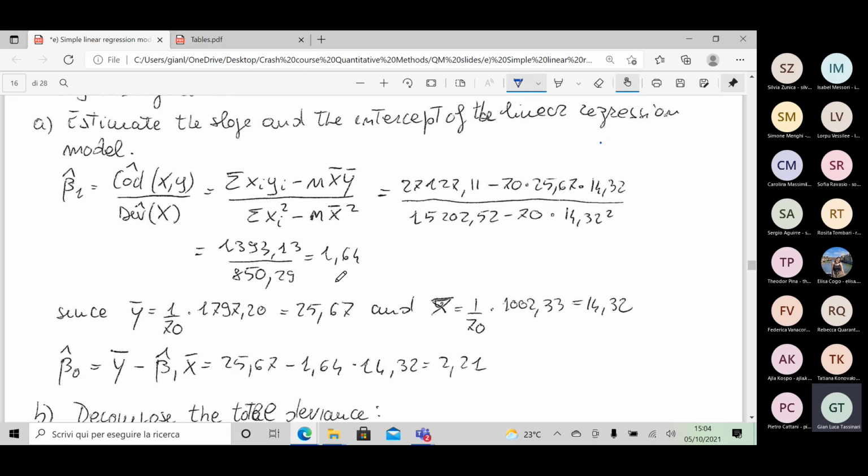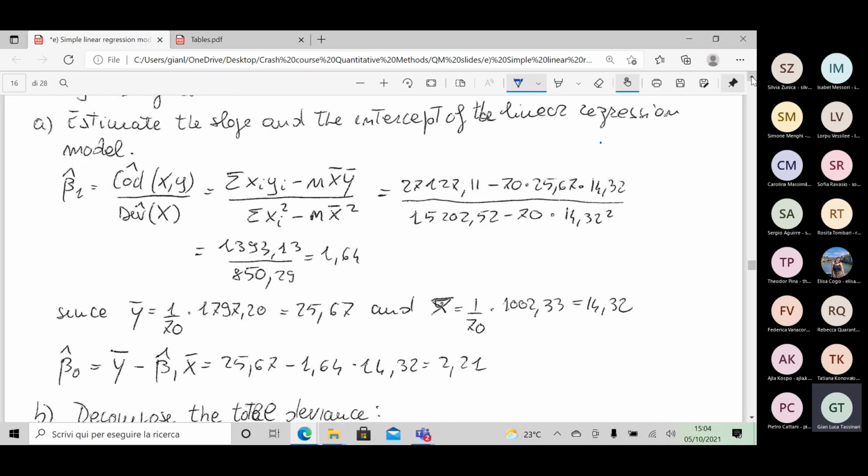So talking about our sample of 70 individuals, we can say that for every additional year of education, so if you increase the education of a person inside our sample, we have an average increment on the annual income of 1,640 euro, because remember that the unit of measure of y was thousands of euros.